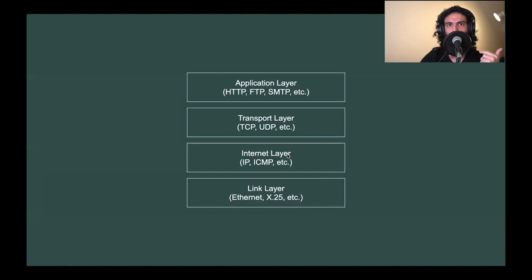The internet layer takes care of transferring those packets throughout the internet. So let's say you are somewhere in Stockholm and the Apple server is in the United States. The internet layer, and more specifically the IP component, is going to take care of taking those individual packets and navigating them to the Apple server in the United States.